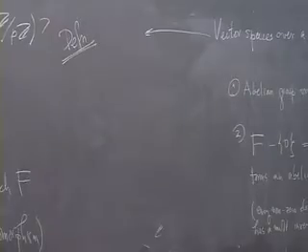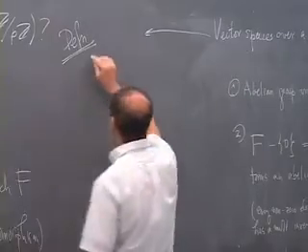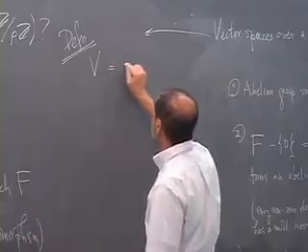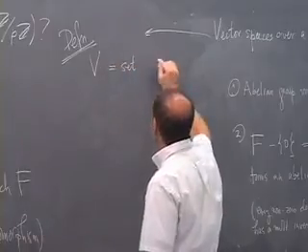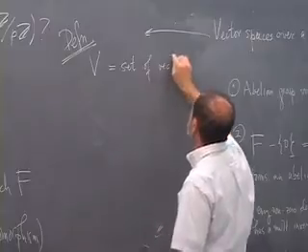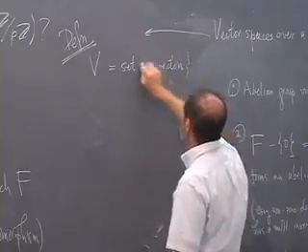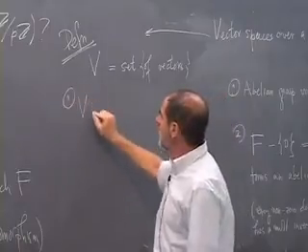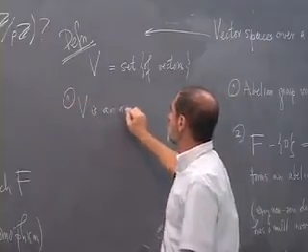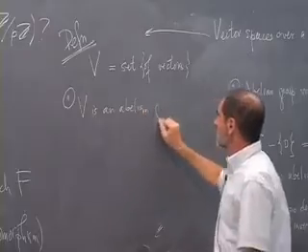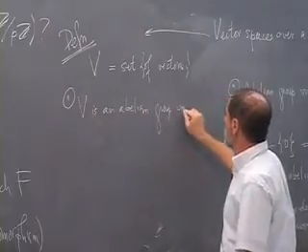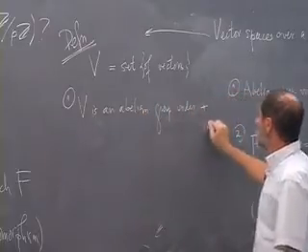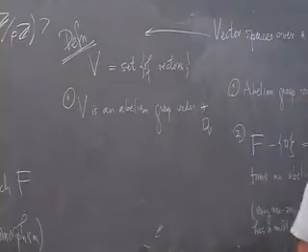Okay, so a vector space over a field is a set V, a set of vectors, with the following properties. 1, V is an abelian group under addition with identity element 0v, just like it was for the real numbers, et cetera, et cetera.